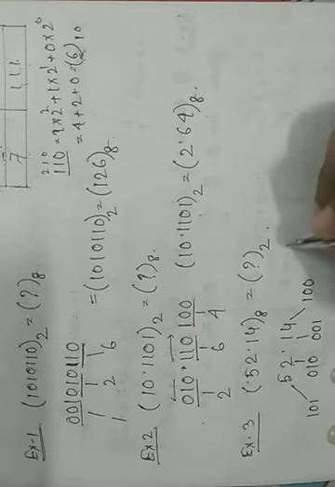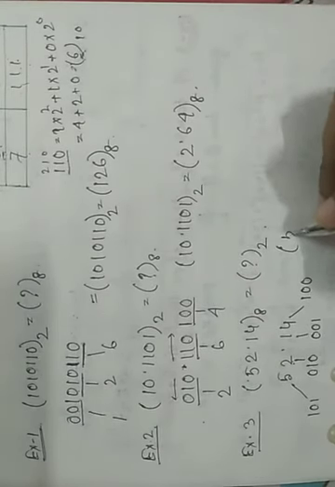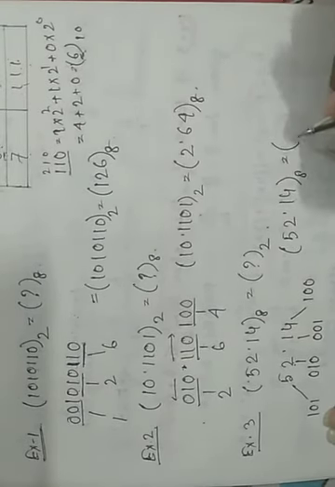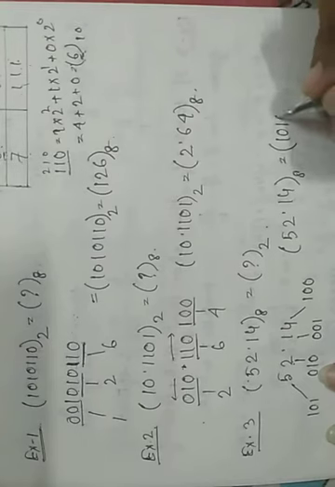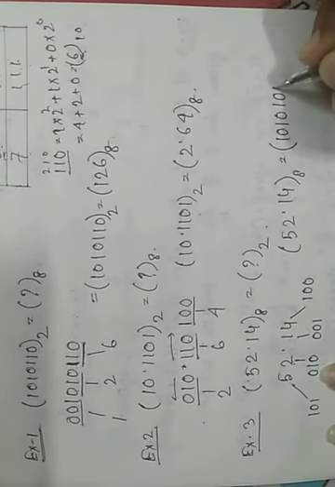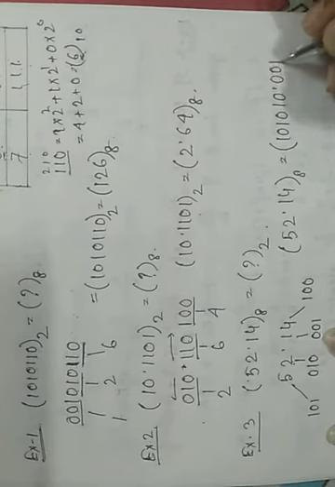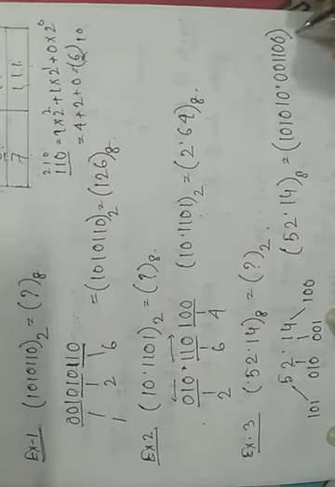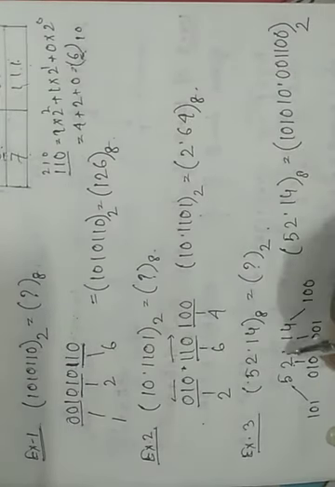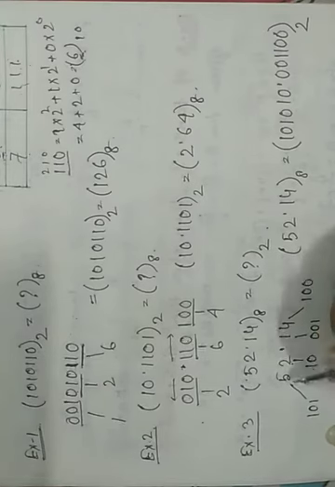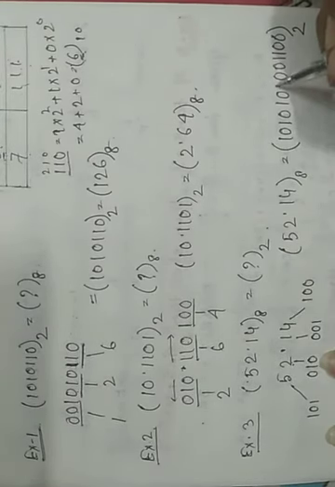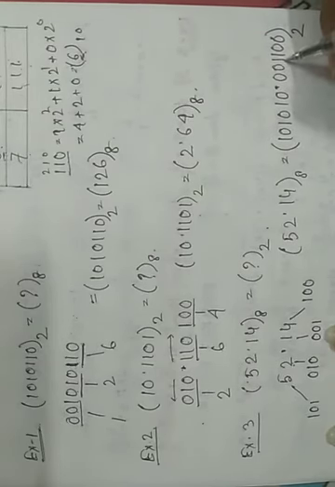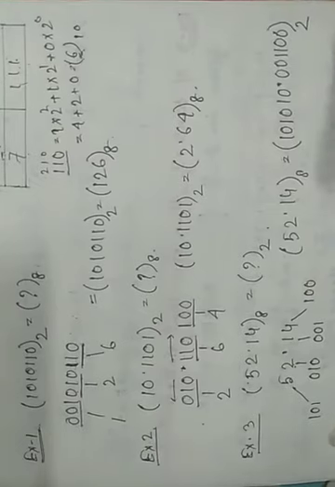Okay, so our conversion is 52.14 in base 8 equals 101010.001100 in base 2. We have to put the decimal point where it is. That is, for 5 it is 101, for 2 it is 010. After that we have to place the decimal point, and then we write for 1 it is 001, for 4 it is 100. Okay, it is very easy.